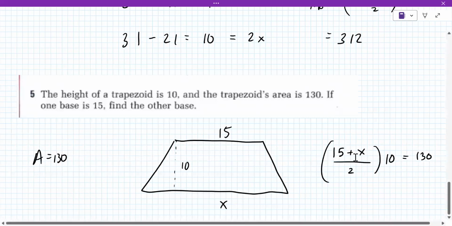So normally we're given x, we would add it up, divide by 2 and multiply by the height. This time we're solving for x. So go ahead and take a look at that, see what you come up with.